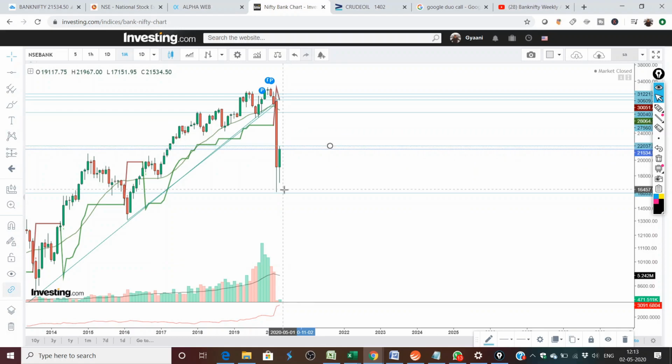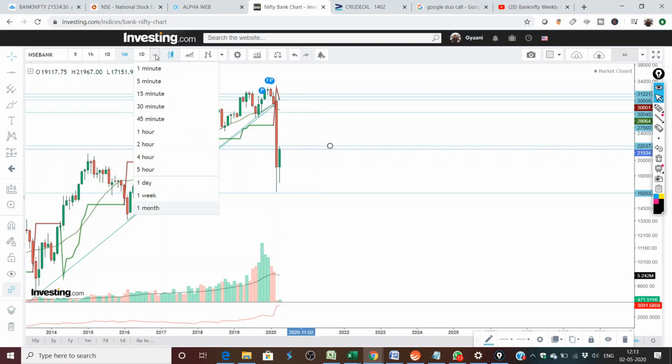Get into this long and your stop loss will be below this, which is 15,000. You can go long if you are a positional trader on a monthly basis. I'm sure not many of us are monthly traders, but if you want to hold and go long for stocks, you can enter banking stocks especially.